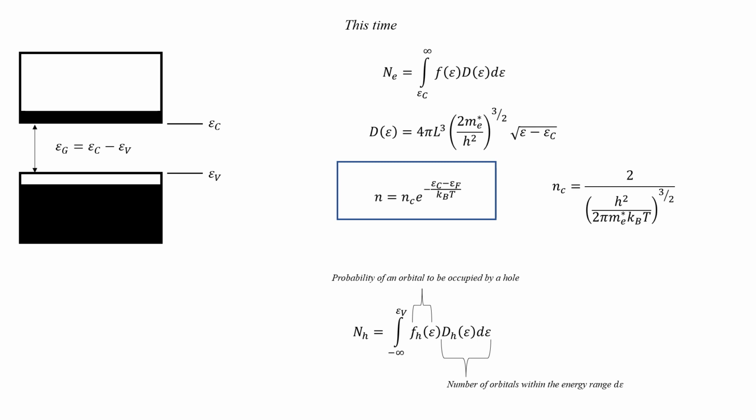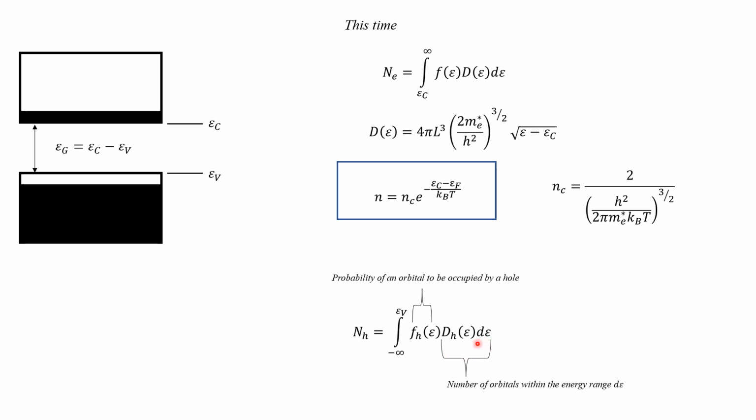Now this time we're going to follow the same logic to obtain the number of holes, in other words, the number of unoccupied orbitals in the valence band. So we build the integral in the same way we built the integral for free electrons. This term is the probability of an orbital to be occupied by a hole, in the same way that this term is the probability of an orbital to be occupied by an electron.